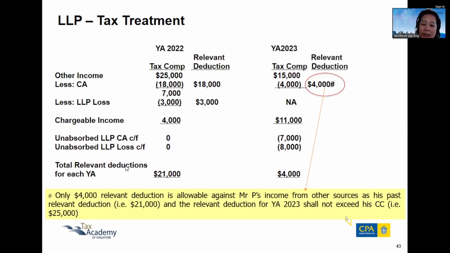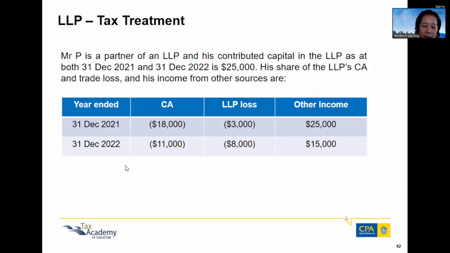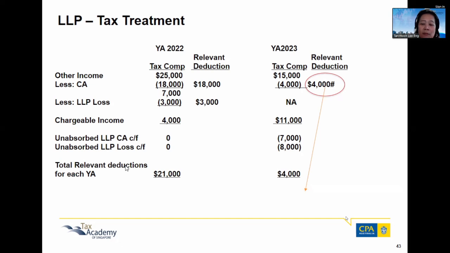We would have some carried forward because he has CA of 11,000, but we only use 4,000, so the remaining 7,000 can be carried forward. How about the loss? We didn't touch the current loss at all, so it's 8,000. These two are carried forward figures. The relevant deduction is only 4,000.